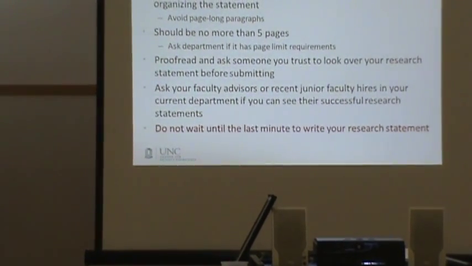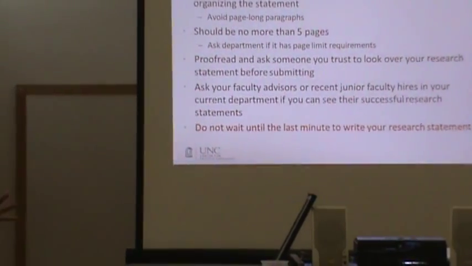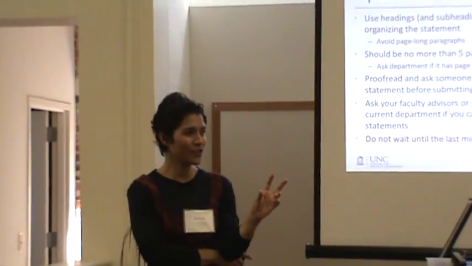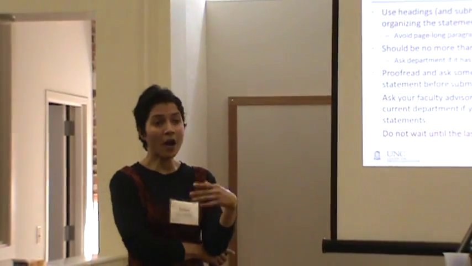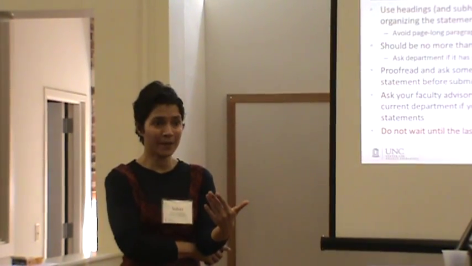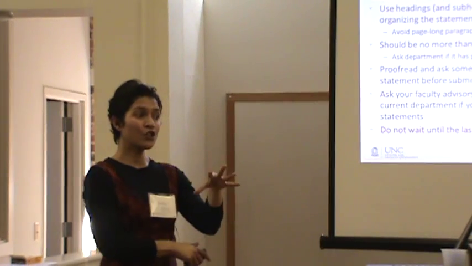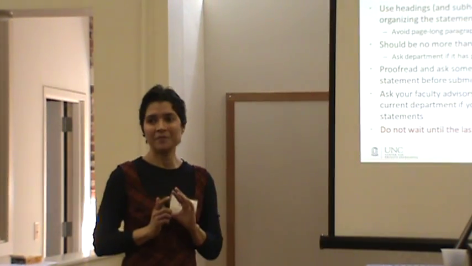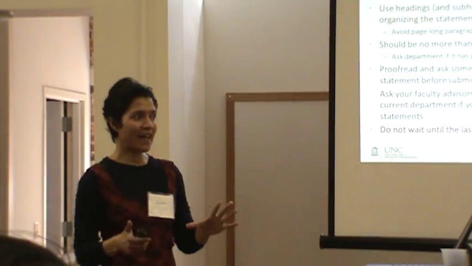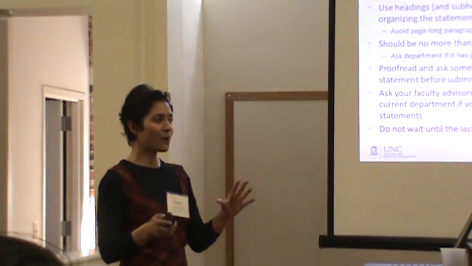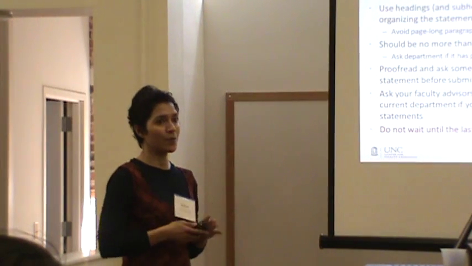When you apply to a place, ask if they have a limit, because they won't say in the job description. They'll just say a research statement, not a page limit. Unless they give you a page limit of 7 pages, in which case you can use that, I would try to keep it down to about 5.